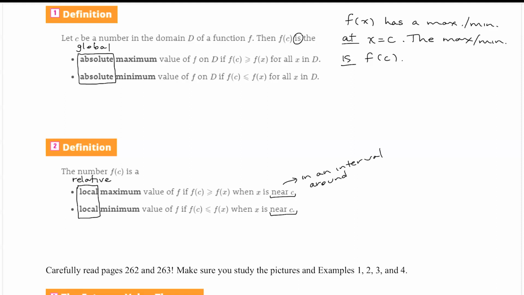And the same thing here, and we have the notion of near c. That means in an interval around c.